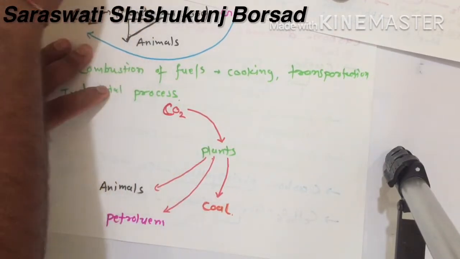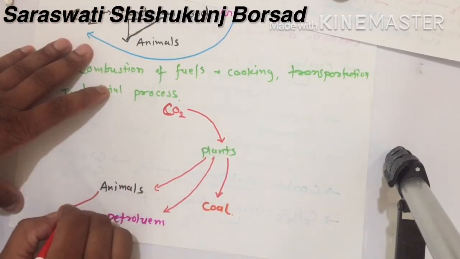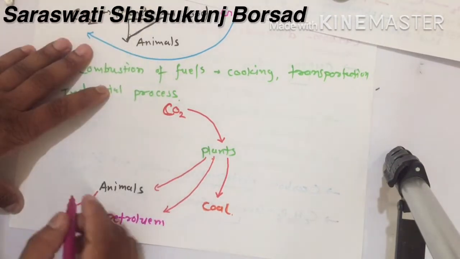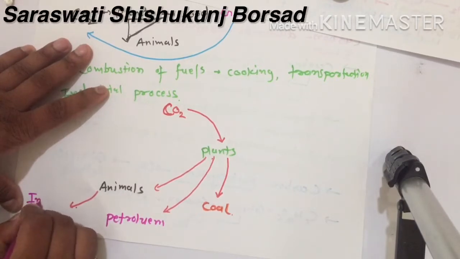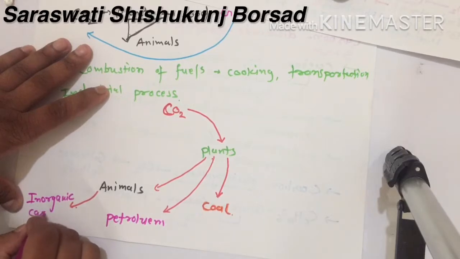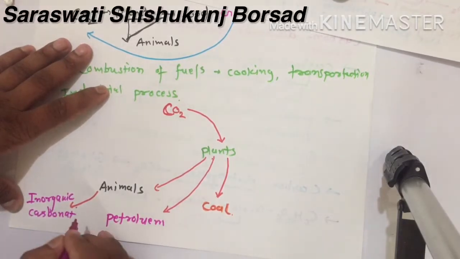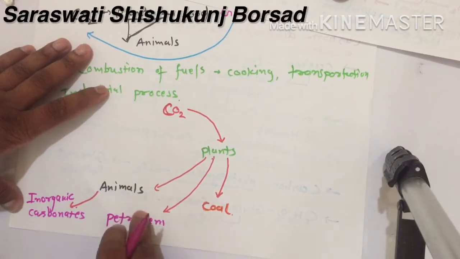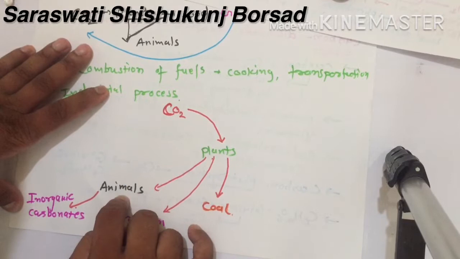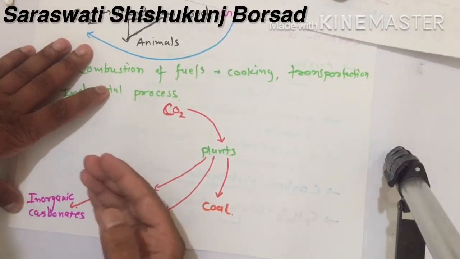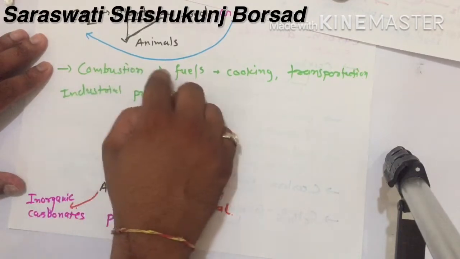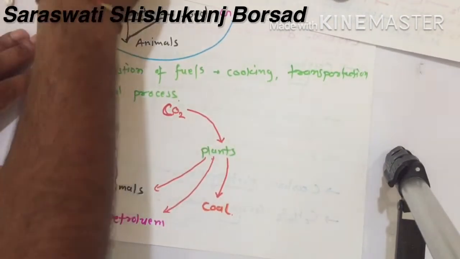These animals will be there in the form of different inorganic carbonates. See, from these animals, when they get decomposed, when they break down, they will release carbon back to the atmosphere, right?